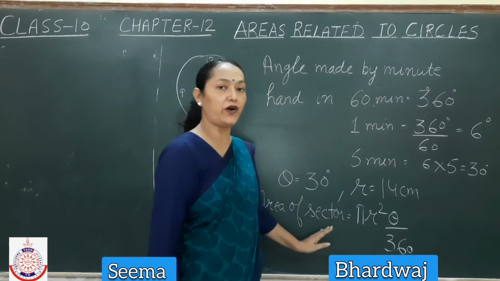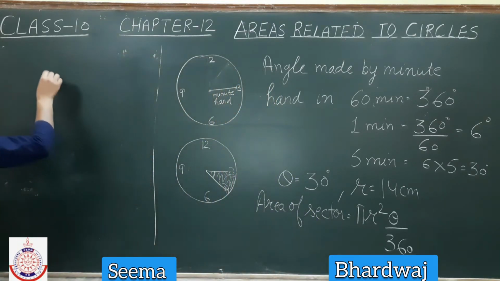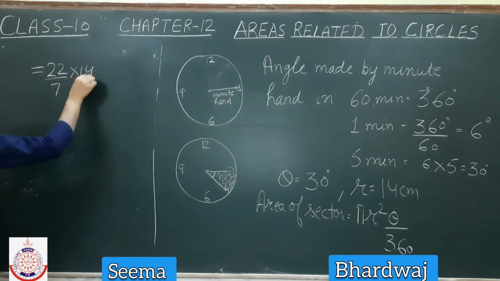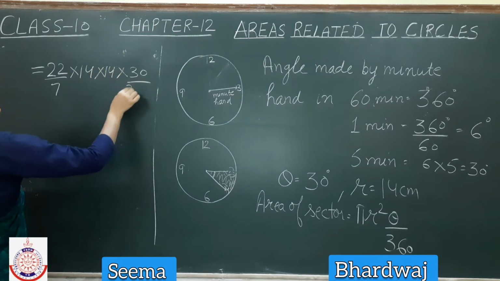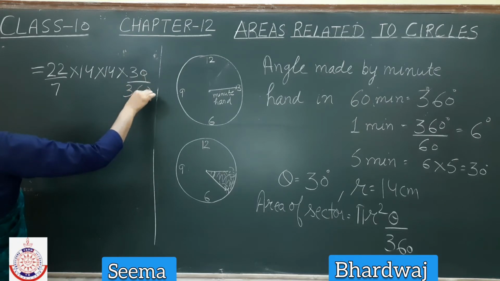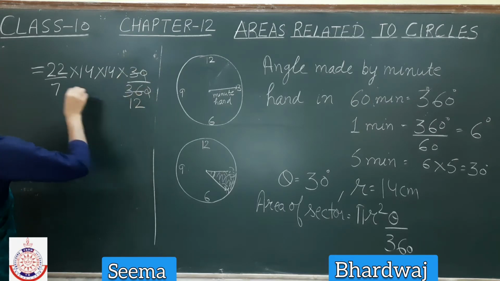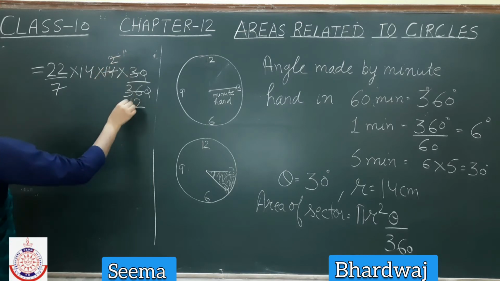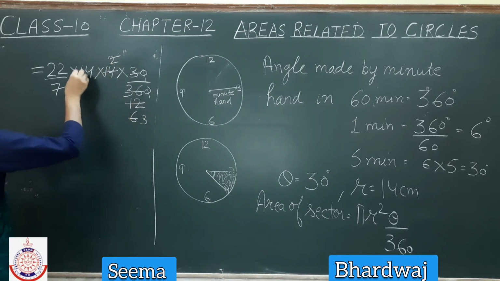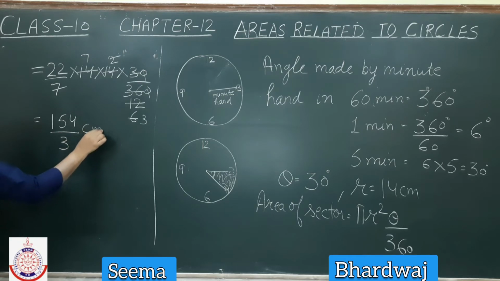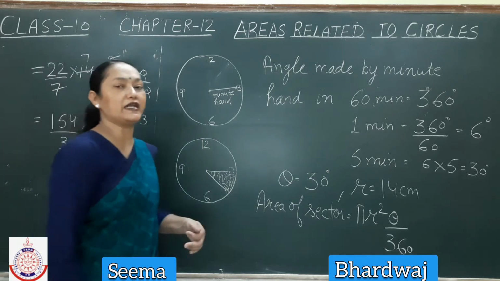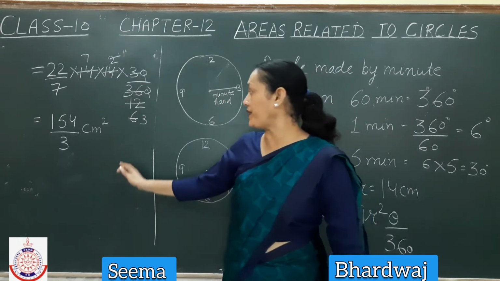the value of the area of the sector. Let us see what value comes out to be. Pi 22 by 7, radius 14 into 14 and 30 upon 360. After cutting, we are getting 22 into 7 upon 3. So if we multiply 22 with 7, we will get 154 upon 3 centimeter square.